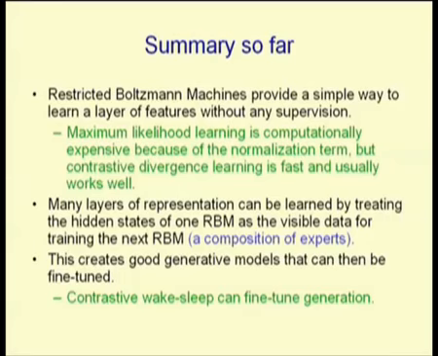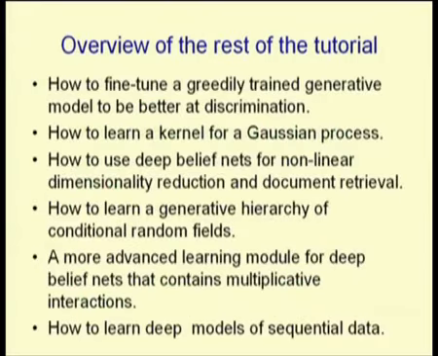And in the rest of the tutorial, after the break, you'll learn how to do discriminative fine-tuning of these models to make them much better, how to combine them with kernel ideas so that you can actually learn a kernel that can then be fine-tuned, particularly when you have a small amount of labeled data and lots of unlabeled data. And then various applications of them. How to use them for dimensionality reduction so you can get efficient codes for searching for documents.